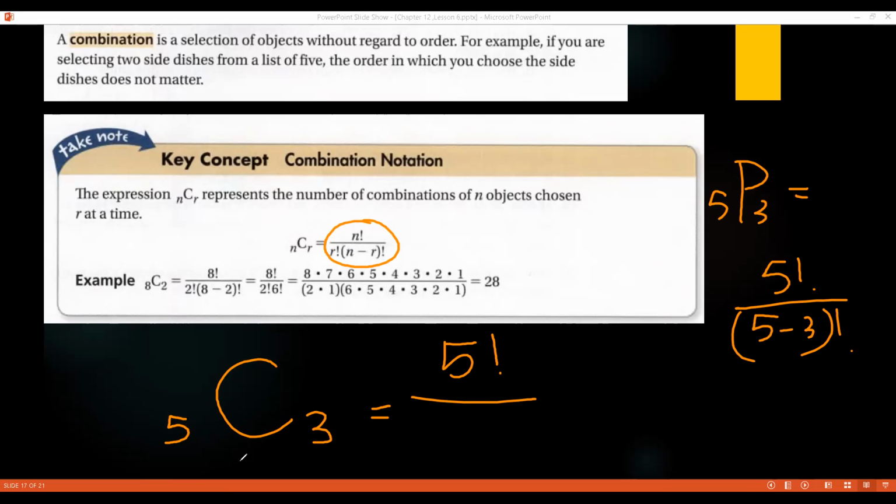Here, you have to do the same, but you have to add a new thing, which is the 3 factorial. So here, you have to multiply 3 factorial with 5 minus 3 factorial. This is in order to find the combinations.